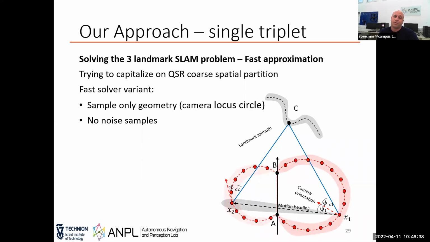So now I'm going to show you the reason we are doing this this way. We want to use the fact that we just estimate qualitative states and not the actual metric probability distribution to our benefit, okay?